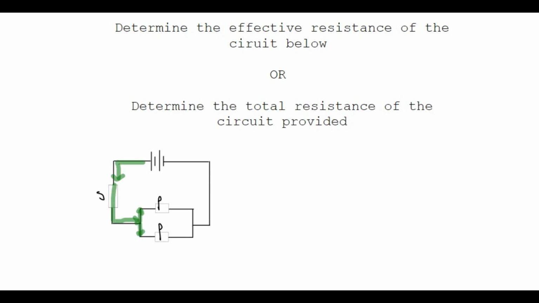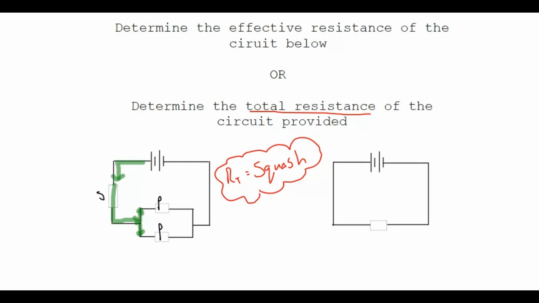The question they asked you is for the total resistance. Now, when you find the total resistance, R total is actually a squish effect. It means what happens if I squish all of my resistors together. After you squish them, you'll see the effect is essentially one resistor.